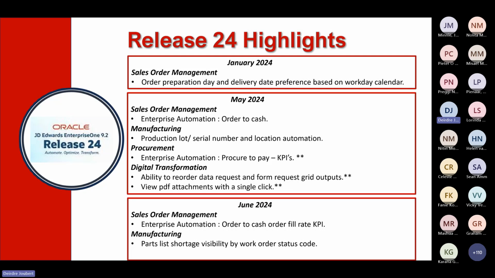June 2024, sorry guys, we were fixing to go into detail. Sales order automation, sales order management, enterprise automation there. The KPIs added to that enterprise automation, and on the manufacturing side, you can view your parts list or shortages by work order status now.